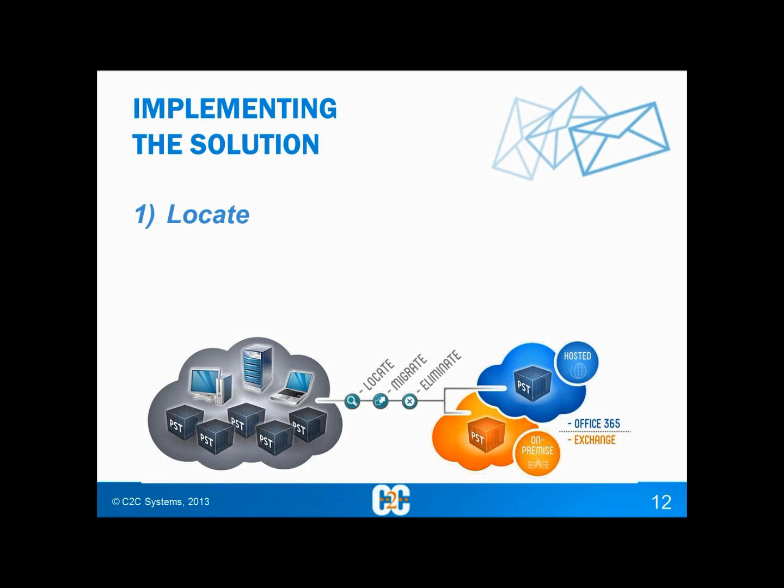You need to go out and find them wherever they might be. You then need to migrate those into your chosen solution, and then you need to eliminate them from where they originally are. So there are still three stages to actually implementing the solution. And I'll look briefly at each of those three stages.